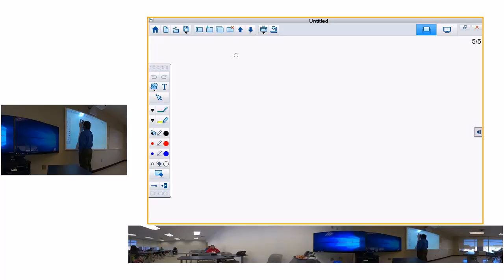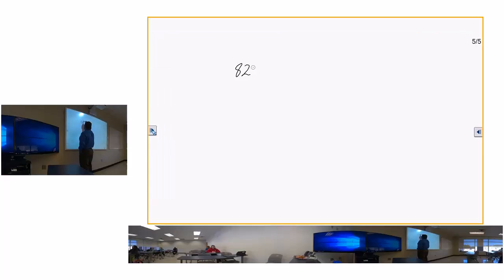Let's go with a meal. Let's say you and somebody go to Outback, and your meal and drinks and everything and dessert and tip comes out to be $82.42.